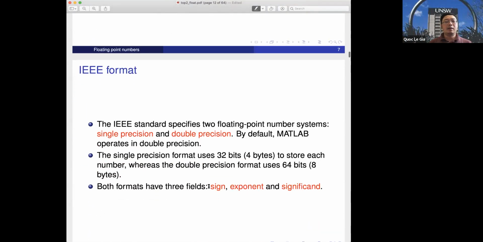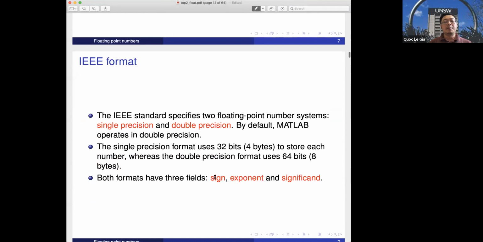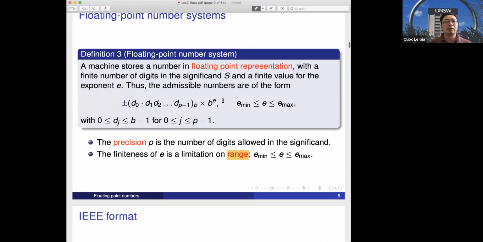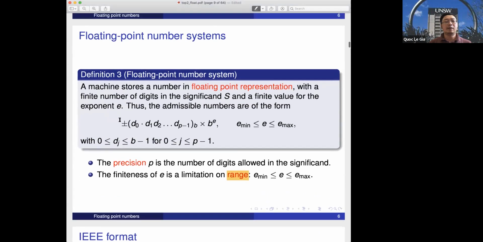And see now, remember the example we have, right? Remember we have this format. So you have 3 components. You have a sign, plus or minus.